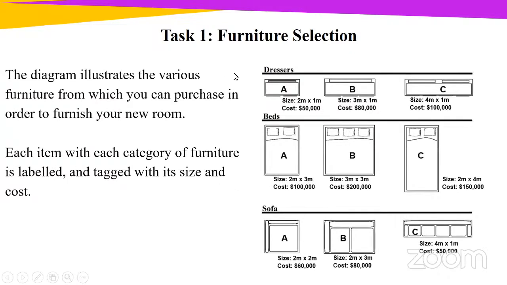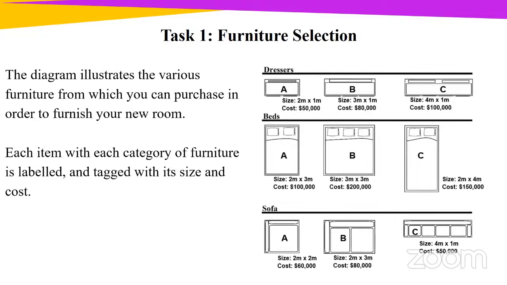Now, the diagram, our first task, furniture selection. So remember, when we started, we're going to be selecting furniture for our new room. And we also said that we're going to be selecting how many furniture.